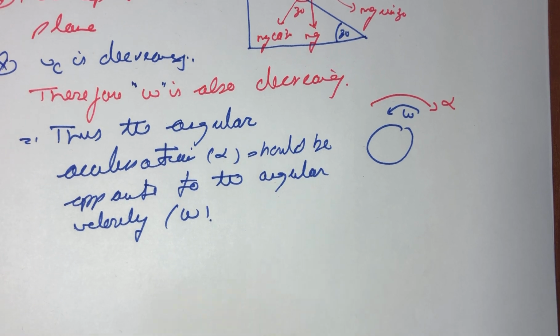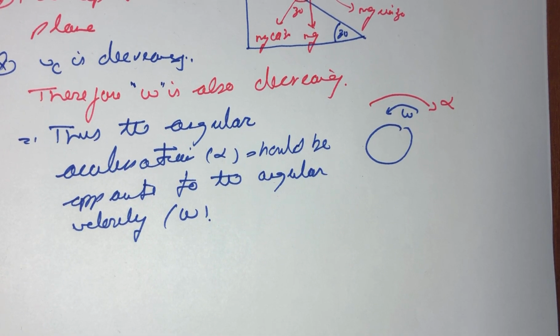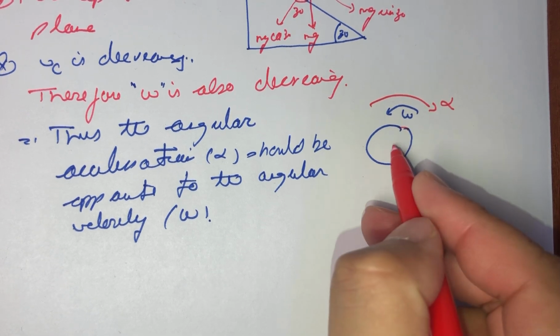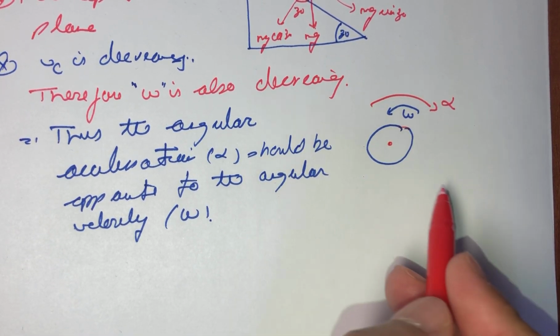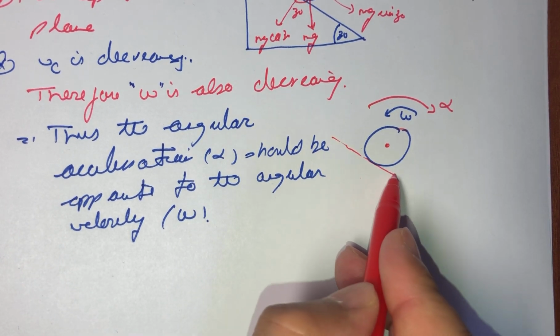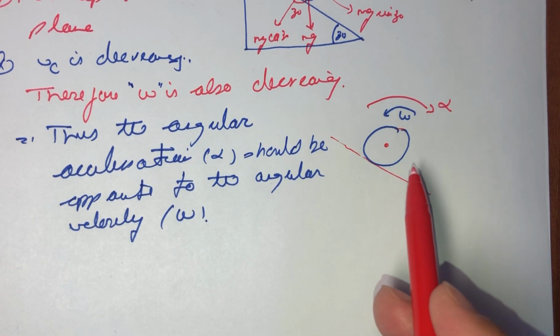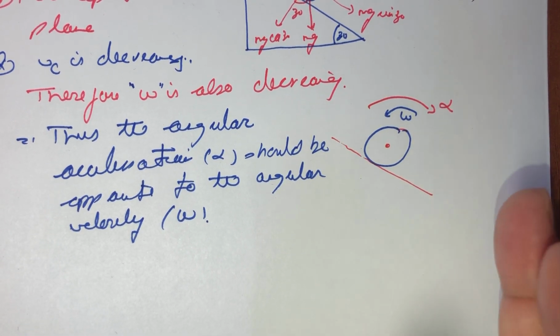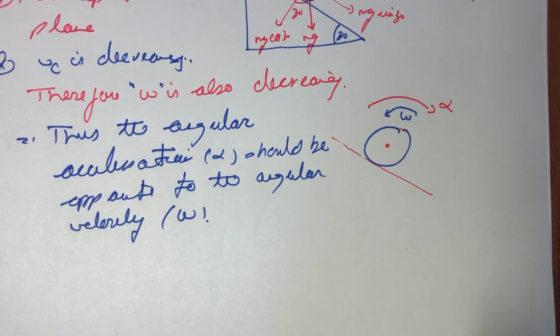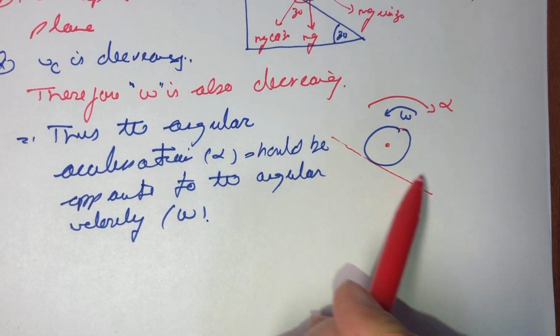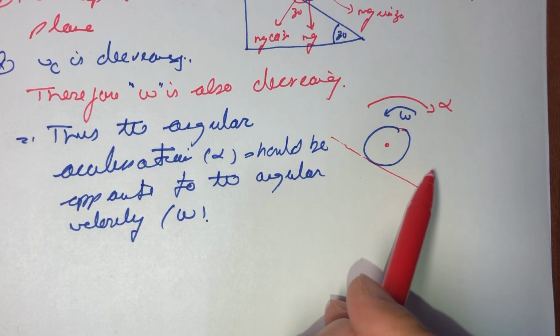Now, in order to produce the angular acceleration, there should be some torque acting on this body. This is the center of mass, and this is our inclined plane, and on this body there are three forces acting. One is mg sine theta, which is down the inclined plane but through the center of mass.